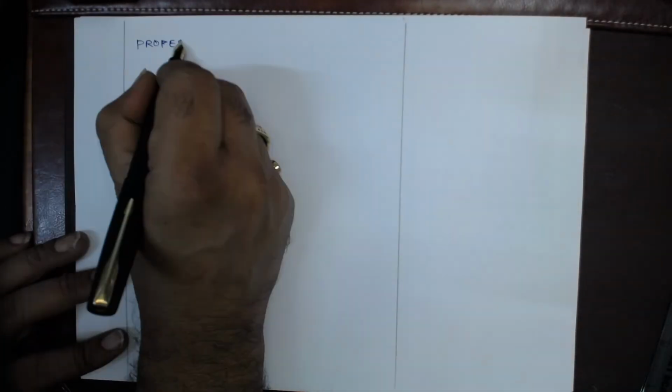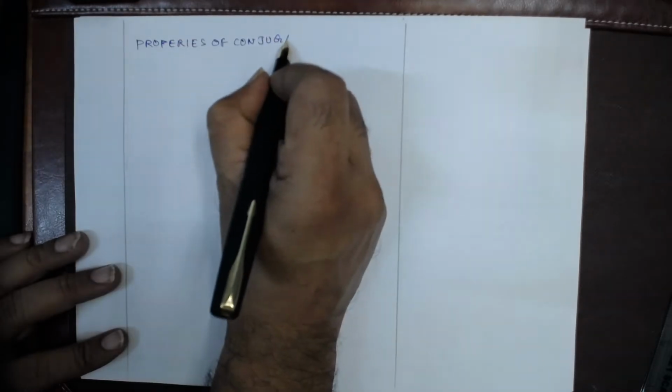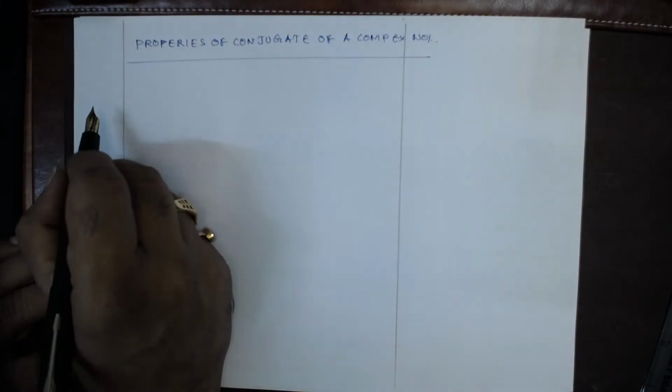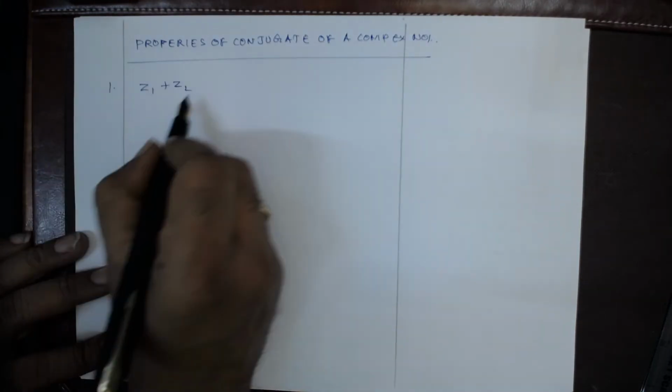Properties of conjugate of a complex number. Property 1.